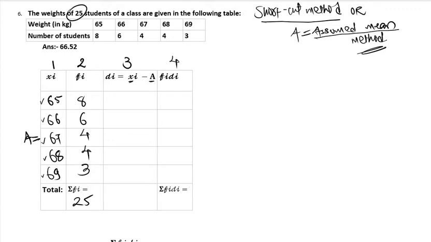Now some smart people might have this question: if there are 6 observations, or an even number of observations, which observation should be taken as assumed mean? If there were 6 observations, you could take either of the middle observations, that is third or fourth, as the assumed mean, right?